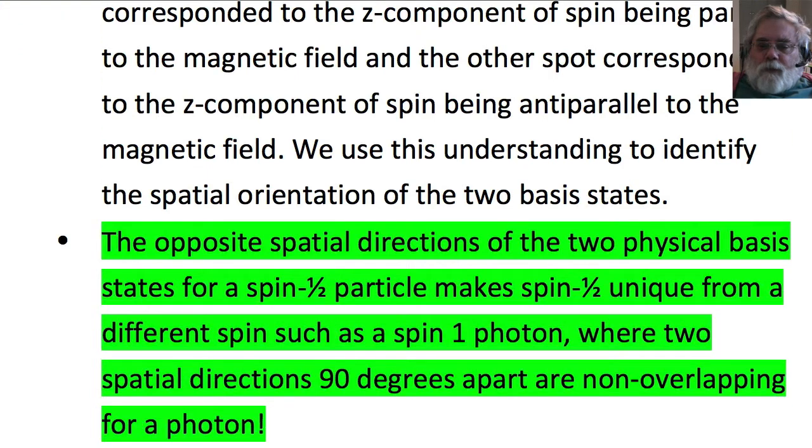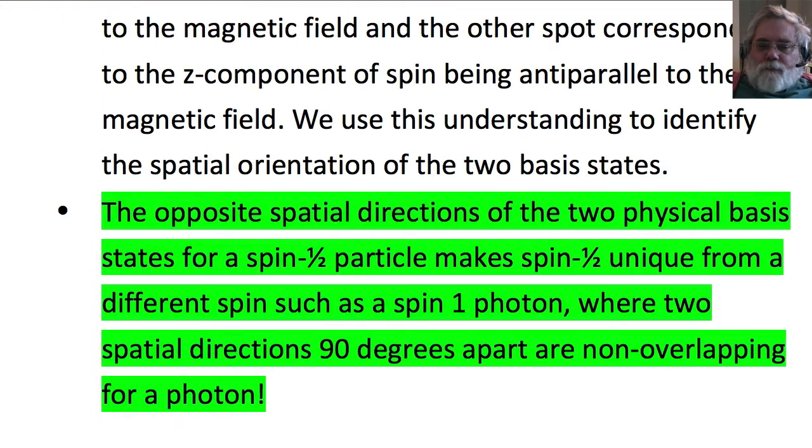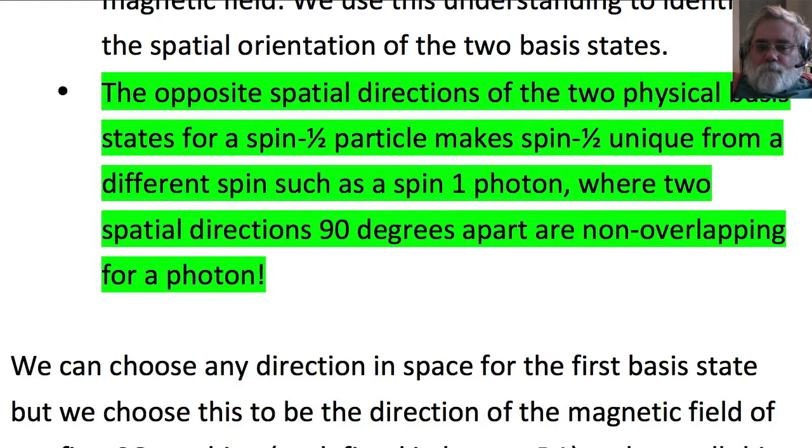The opposite spatial directions of two physical basis states for a spin 1/2 particle make spin 1/2 unique from a different spin, such as a spin 1 photon, where two spatial directions 90 degrees apart are non-overlapping for a photon.